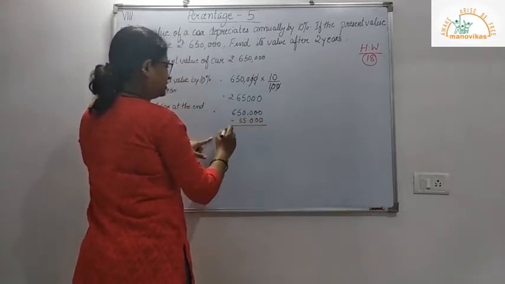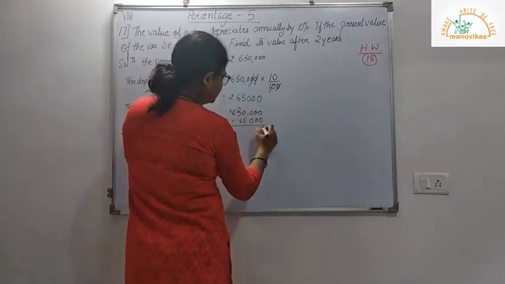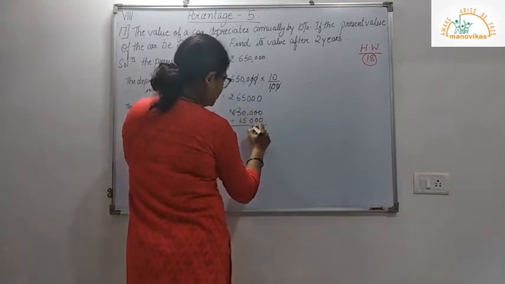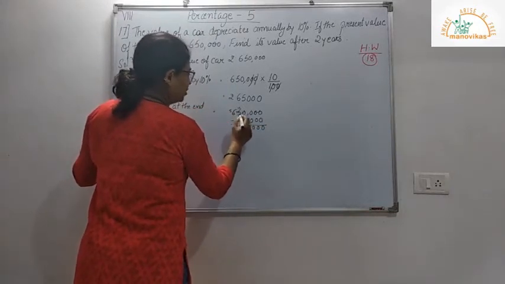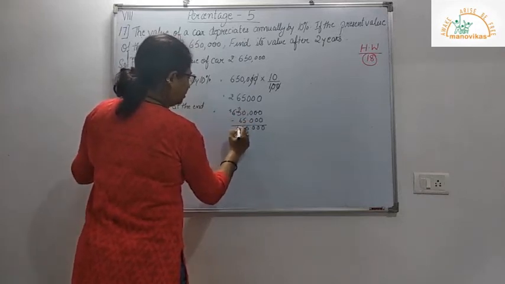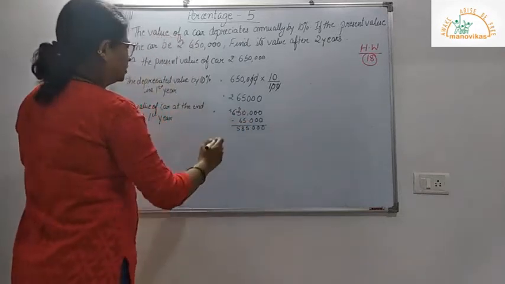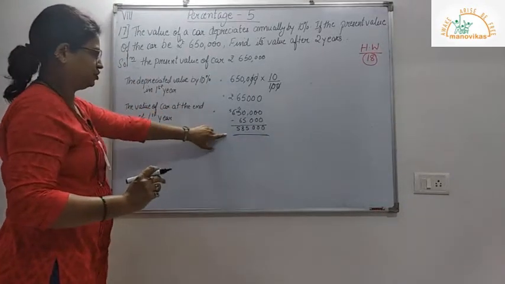So we subtract this now. 0, 0, 0. 10 minus 5, here you will get 5. 14 minus 6 is 8, and here 5. So this is the value at the end of the first year.